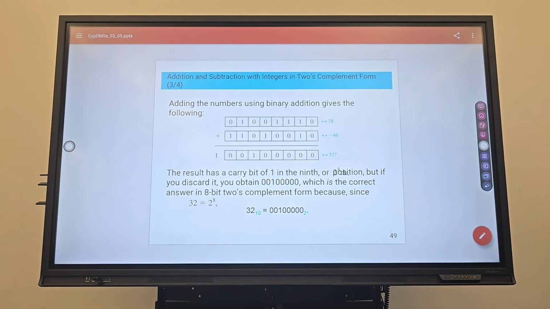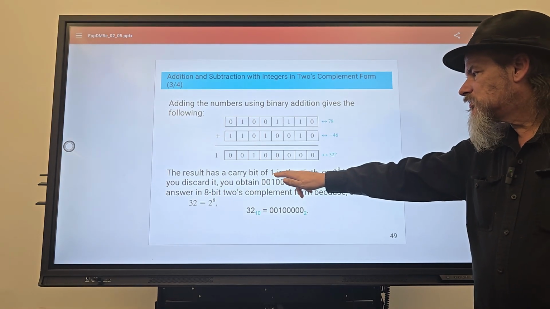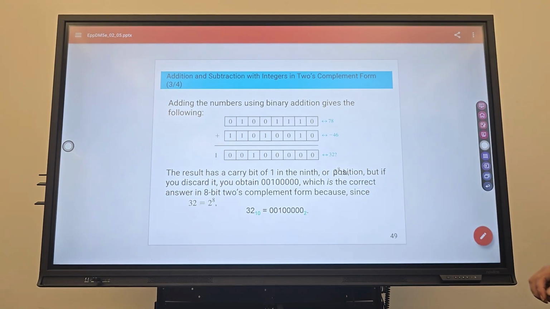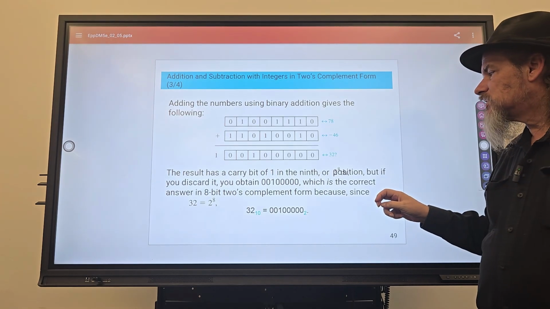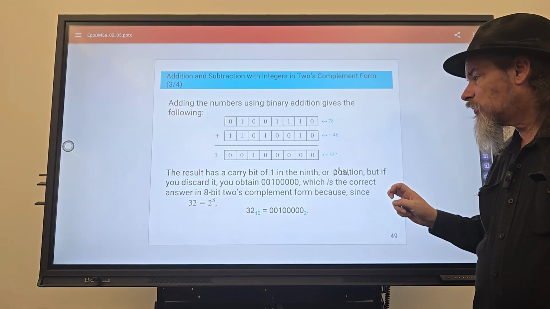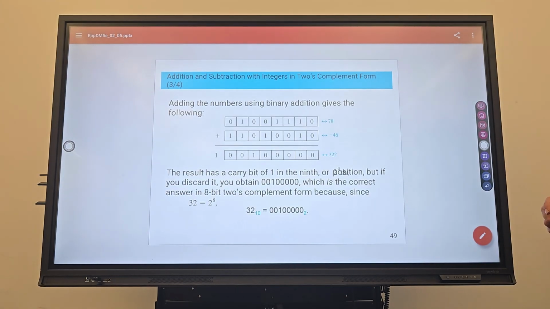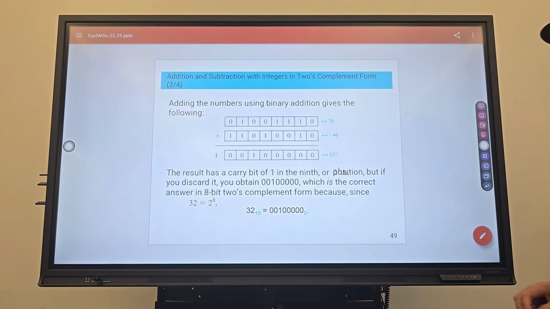Adding the numbers using binary addition gives a carry bit in the 9th, or 2 to the 8th, position, but if you discard it, you obtain 0, 0, 1, and 5 zeros, which is the correct answer in 8-bit 2's complement form, because that number there is 32.